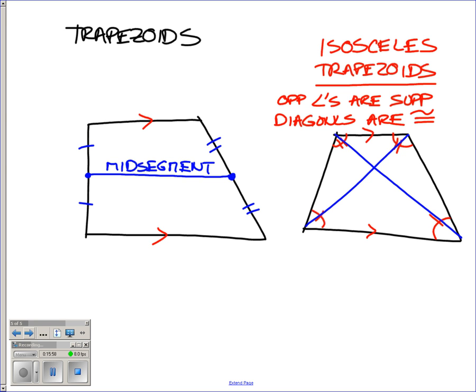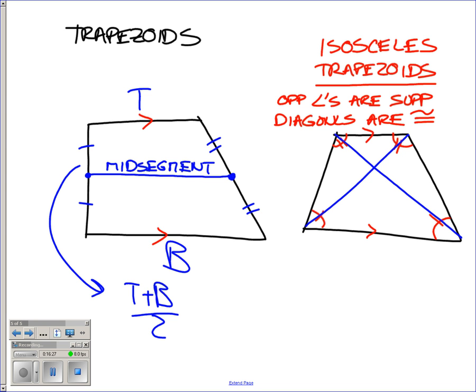It's the average of the two bases. If you take this top base and this bottom base, the midsegment's length is just going to be top plus bottom divided by 2. It's halfway between. All right? So if you're given the two bases, you can determine what this midsegment length is. Very, very easy to do that.